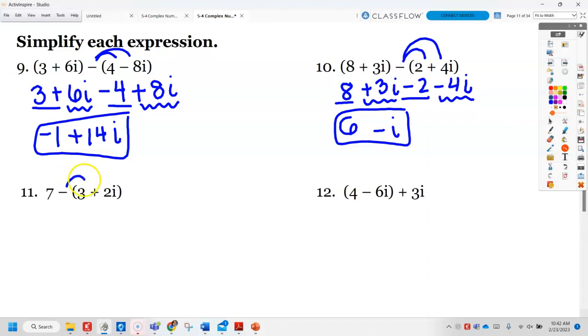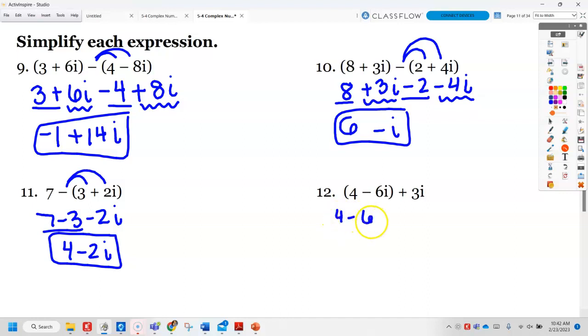11, distribute. Combine like terms. In 12, there's nothing to distribute. The parentheses kind of just go away.